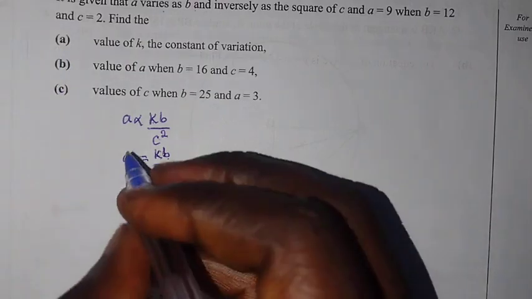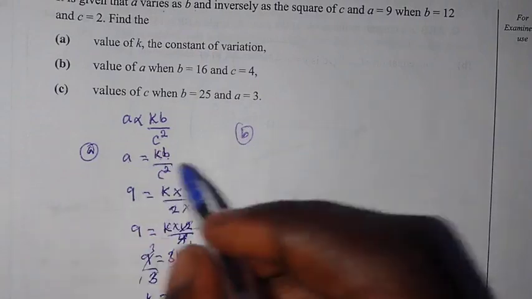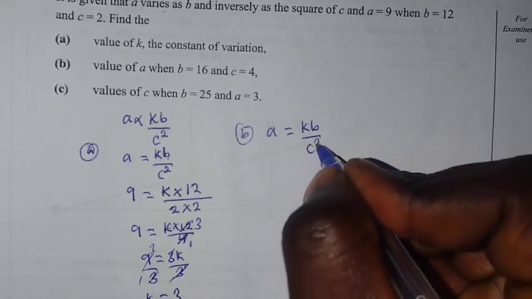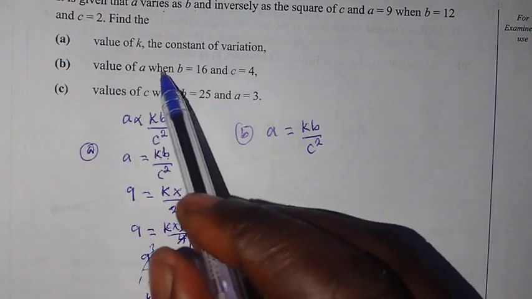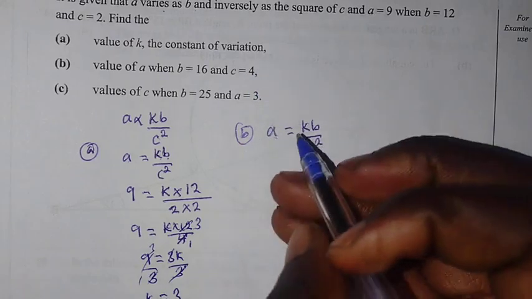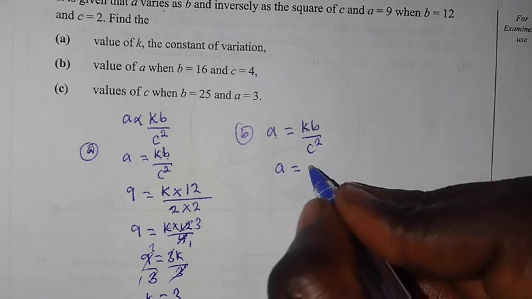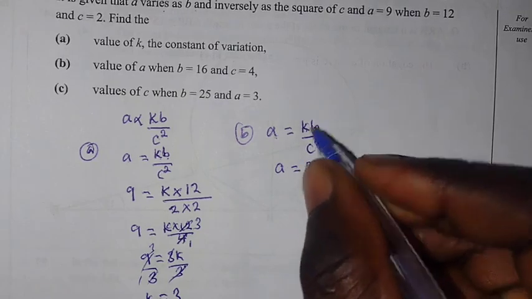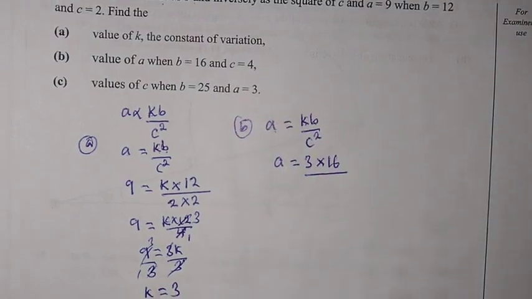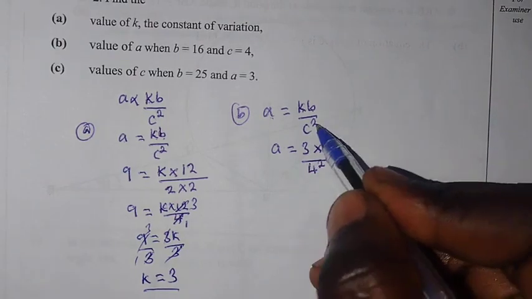Now let us come to question (b). Don't forget to use this same equation, which is a equal to kb over c squared. They are saying find the value of a when b is equal to 16 and c is equal to 4. So a equals k, which we have found is 3, times b, which is 16, over c, which is 4, so it will be 4 squared, because c is squared here.